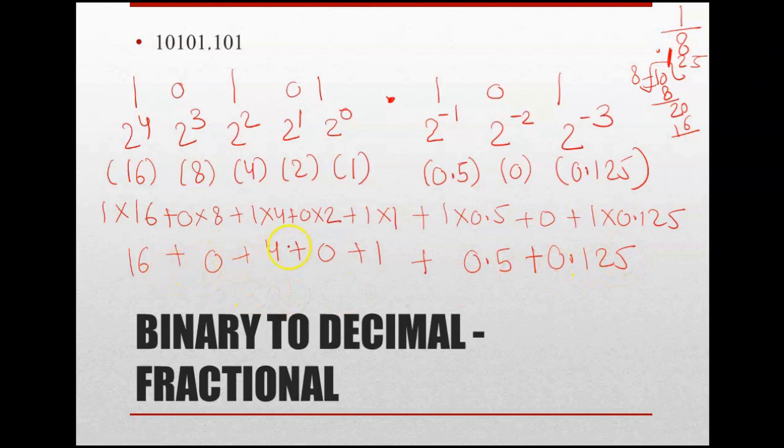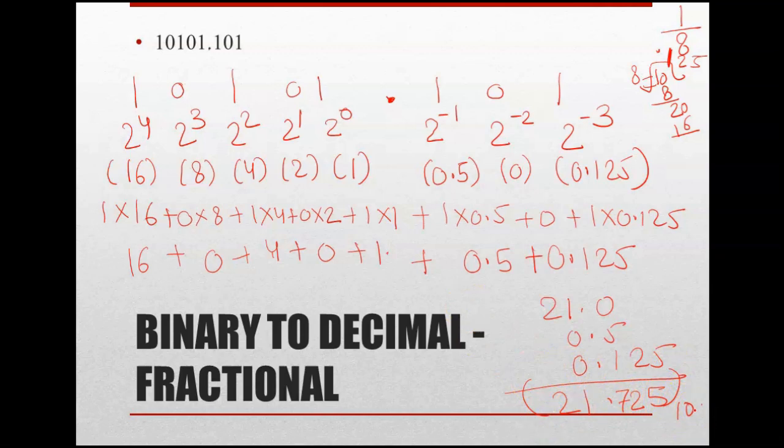So it is 16 plus 4 is 20, plus 1 is 21, plus 0.5 and 0.125. So the answer is 21.625.